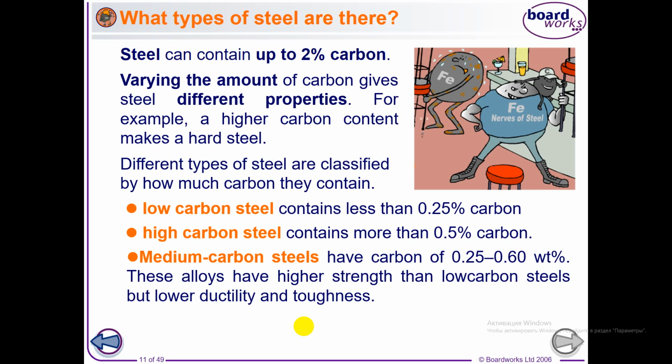Most constructional steels contain between 0.15 and 0.4% of carbon. Thus, depending on application and strength requirements, mainly medium or low carbon steels are used in construction as structural steels.